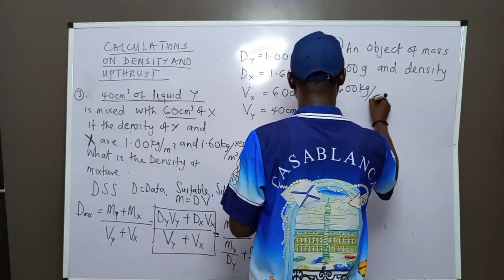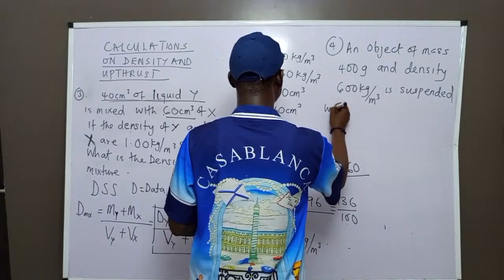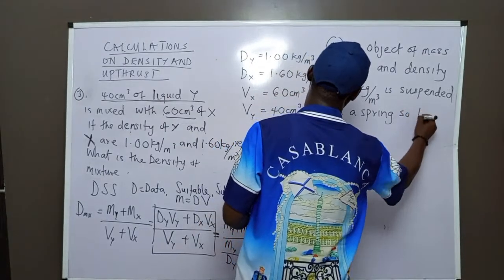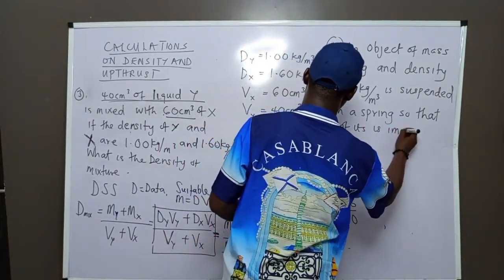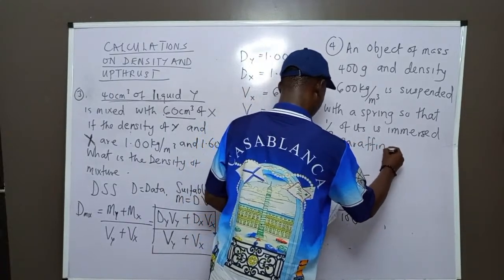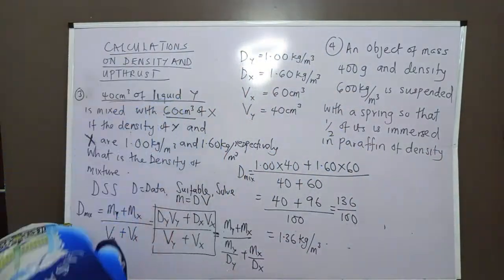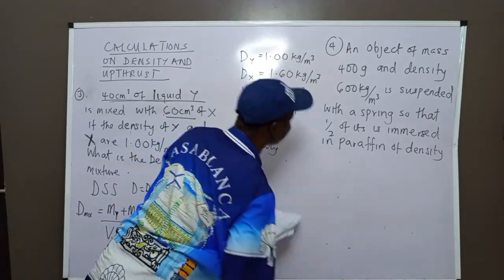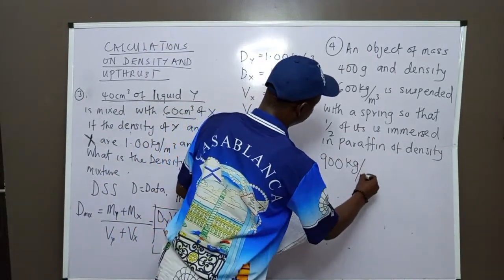An object of mass 600 kilogram per meter cube is suspended with a spring so that half of it is immersed in paraffin of density 900 kilogram per meter cube.